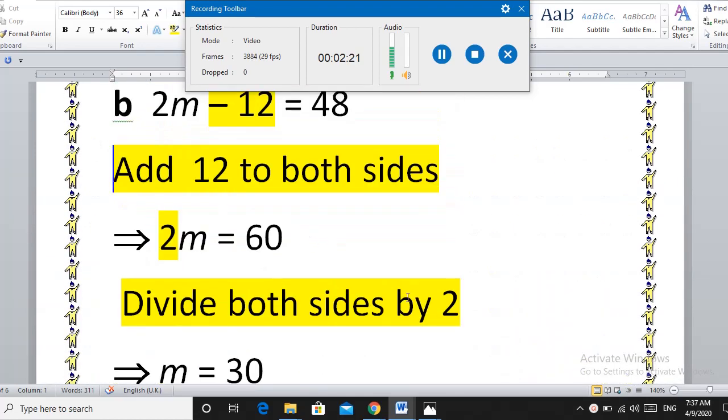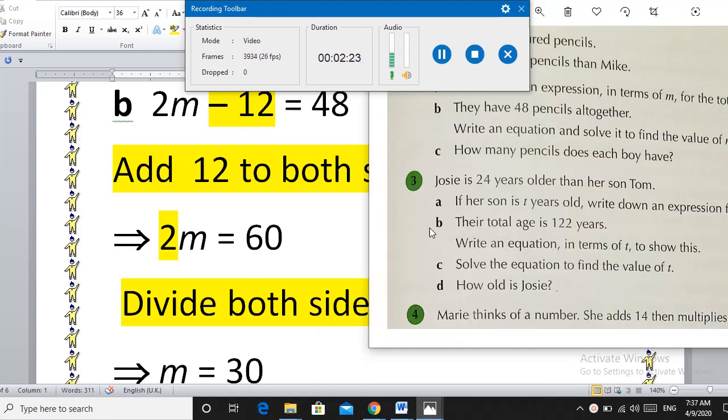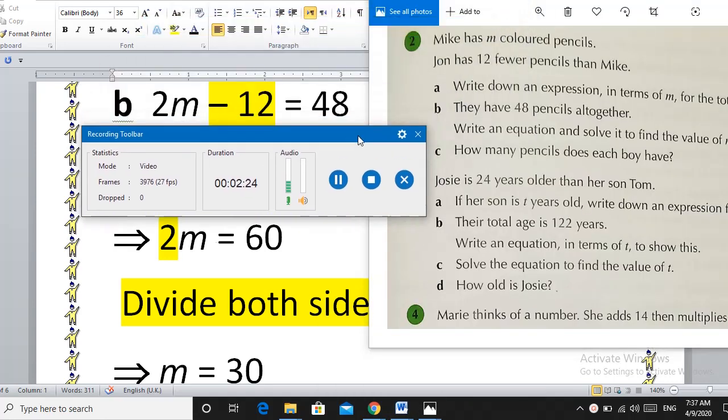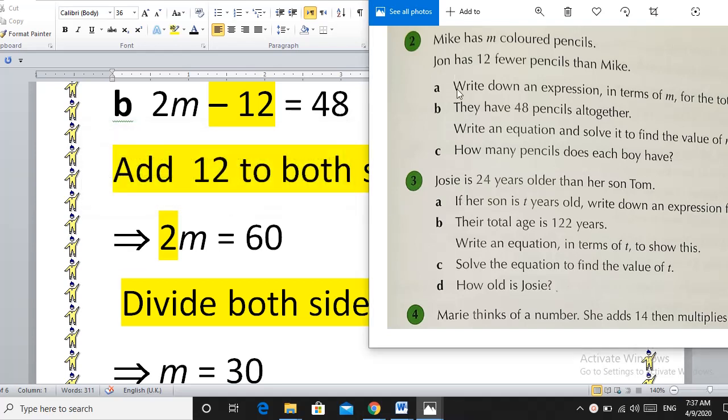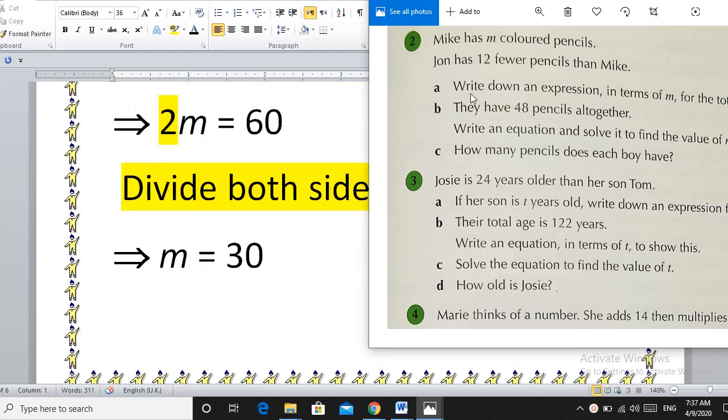Since John has 12 fewer pencils than Mike, that means 30 minus 12 is actually 18.